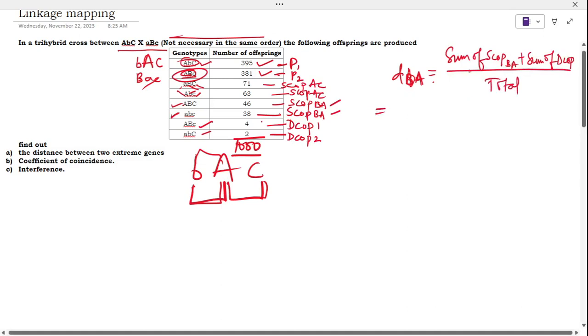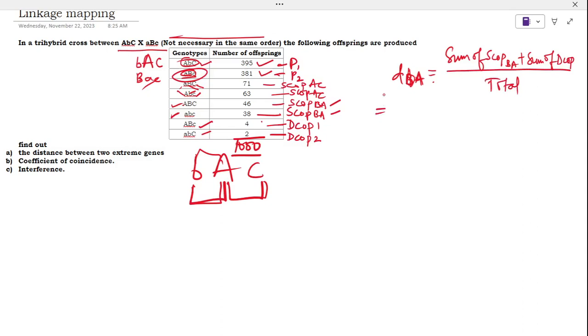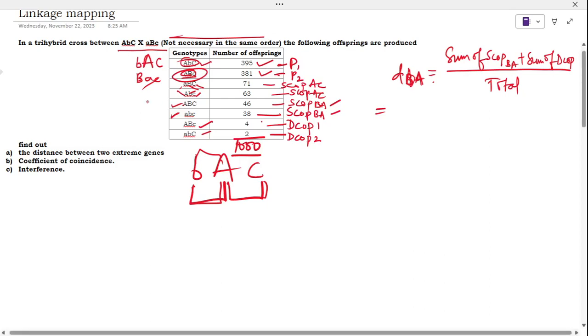So the sum of single crossing over product is this single crossing over product given here for BA, and this combination, 46 and 38, is given. So in that case, 46 plus 38 plus the sum of double crossing over, 4 plus 2 is the combination, and the total will be 1000, right?